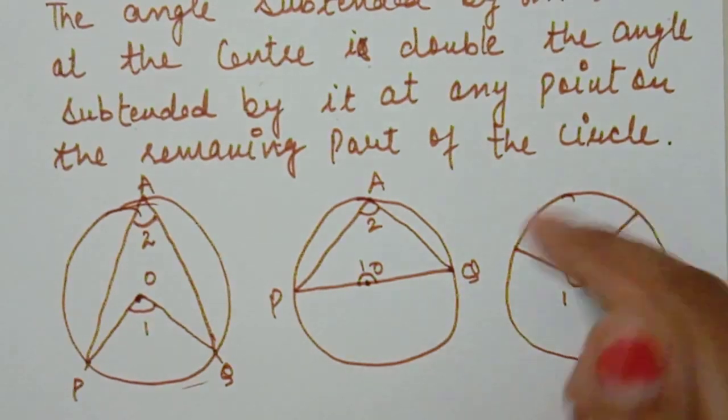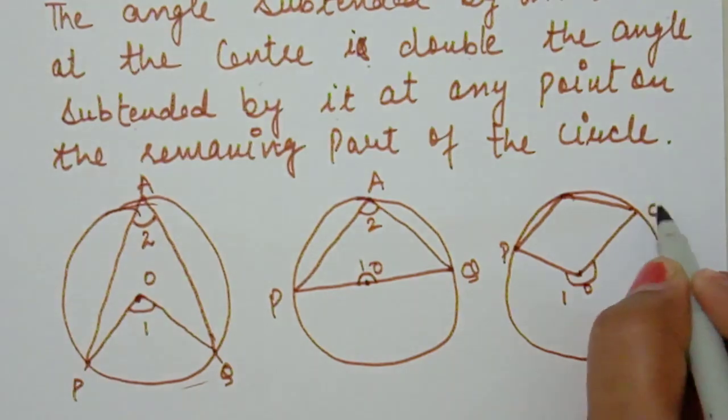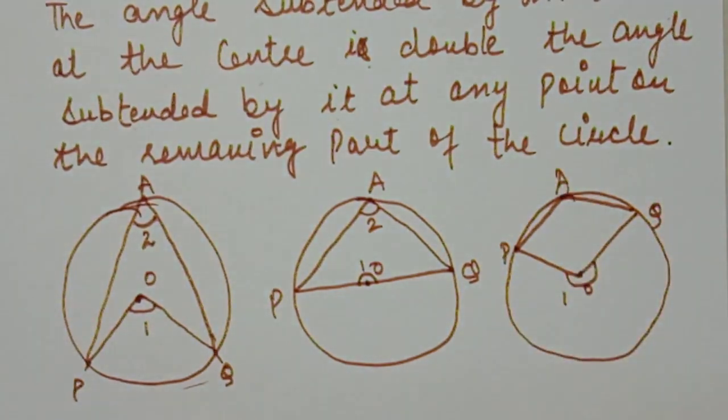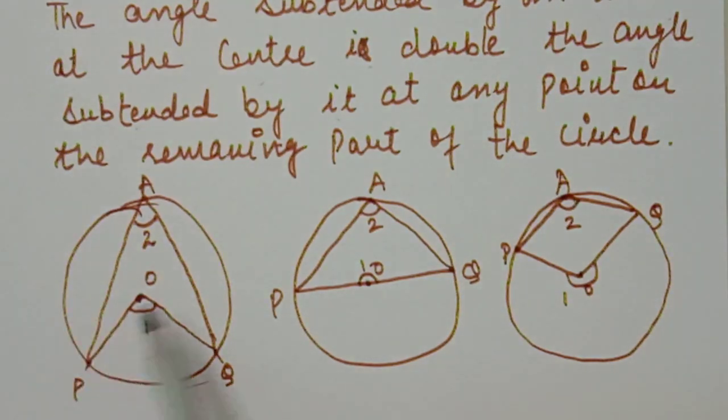It is double the angle made by the same arc PQ at the remaining part of the circle, which is our angle 2. So according to this theorem, we have three possibilities: a minor arc, a semi arc, or a major arc. We have to prove that angle 1 is double angle 2 in all three cases. We will apply one identity in the first case, and then follow the same thing in the second and third.